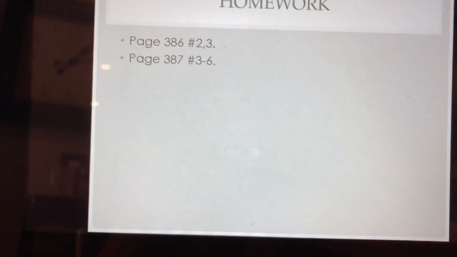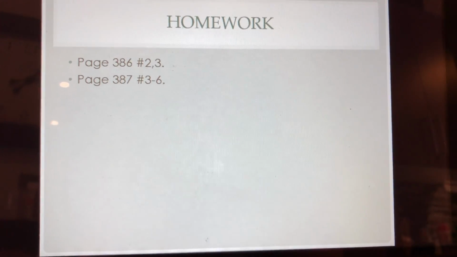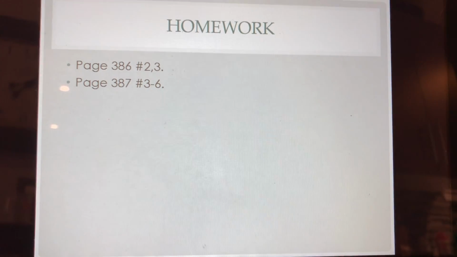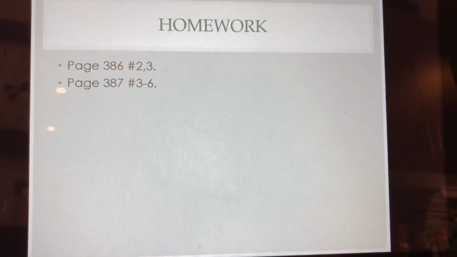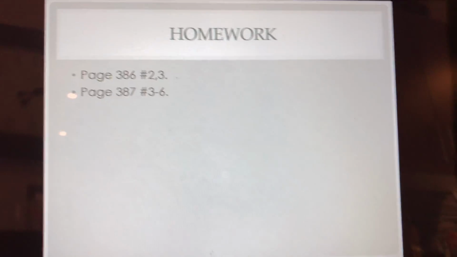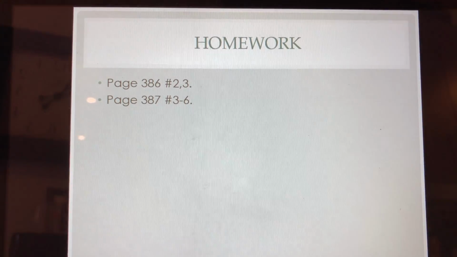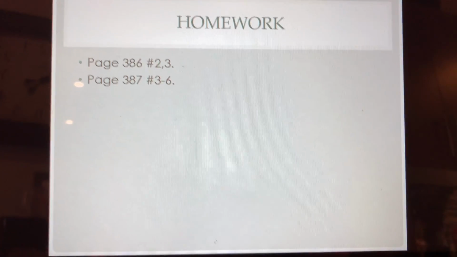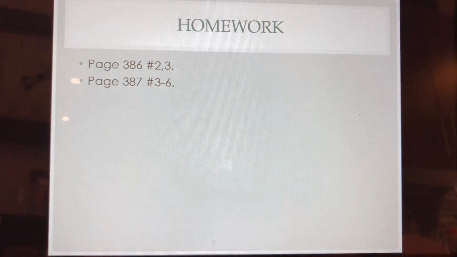And I will be posting as well a Chapter 6 assignment in the next couple days, as well as a practice quiz. Again, the assignment is not due as of yet. No assessments have been assigned yet. Everything that we're doing so far is just learning, and hopefully building your foundation.